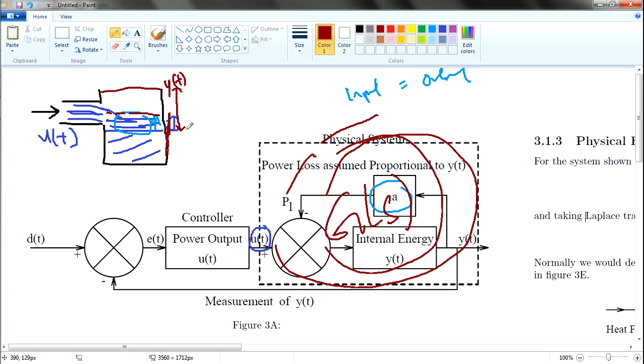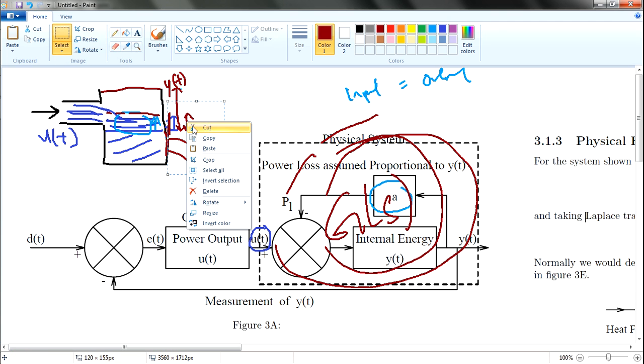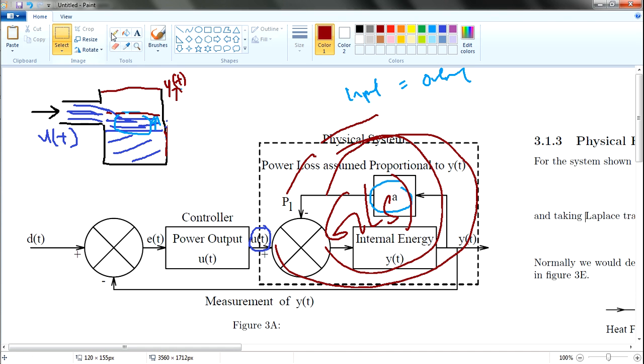So this is a stronger explanation of why the losses are proportional to the y of t, because whatever losses will decrease the change in the amount of energy inside the tank. It will affect the y that we're talking about, the height of the water tank. So it requires a lot of thinking.